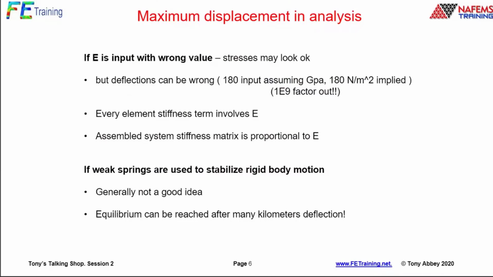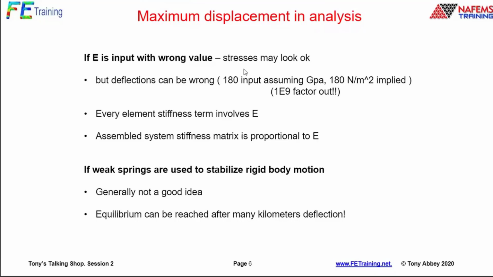If you just take a rod and pull it, apply the force, stress is force over area. There's no stiffness calculation in that. But then you look at the deflection.